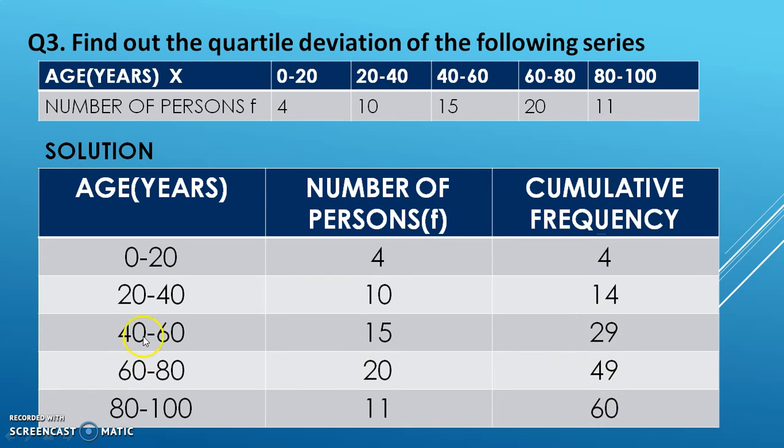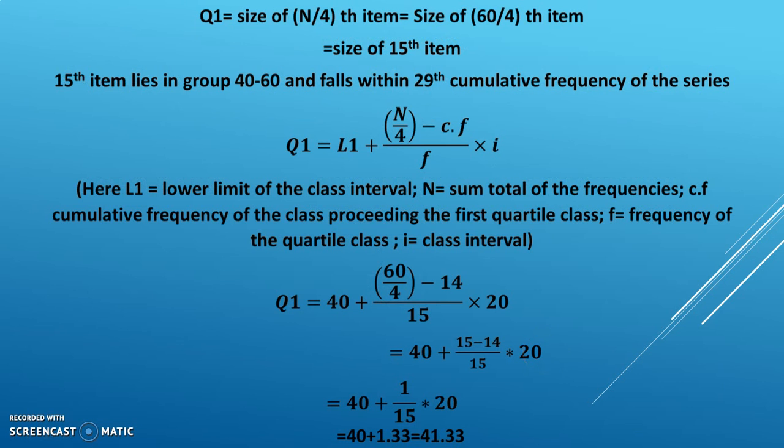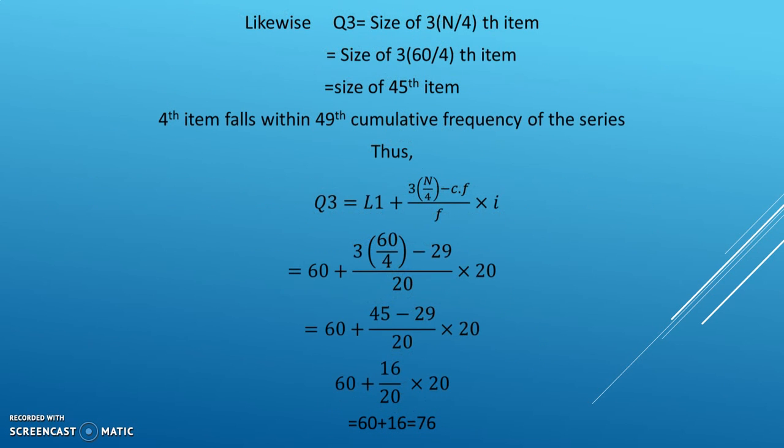So lower limit will be 60, f will be 20, and CF will be 29. By putting the values into Q3 equals L1 plus 3n by 4 minus CF upon f into i, and putting all the values, 60 plus 16, that is 76.